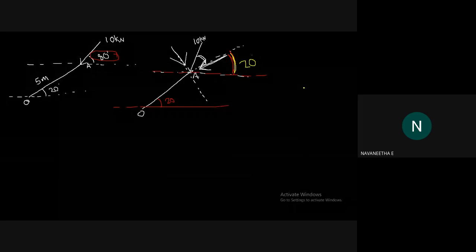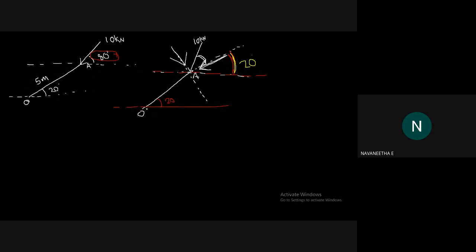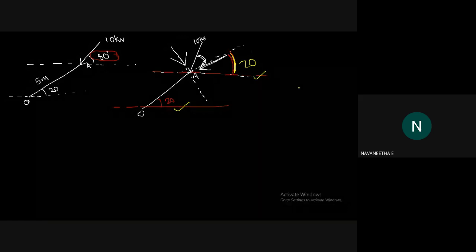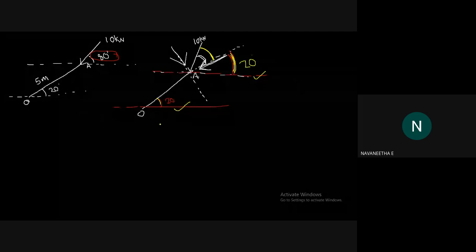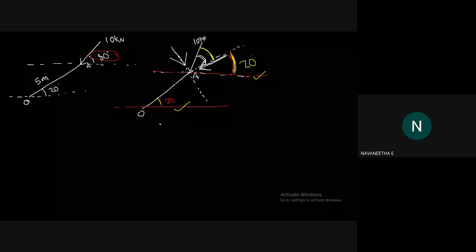This line and this line are parallel, so obviously this angle and this angle, the corresponding angles, are 20 degrees. Same angle. So what is the value of the remaining angle, the angle made by 10 kilonewton with our coordinate x-axis? Obviously 60 degrees.